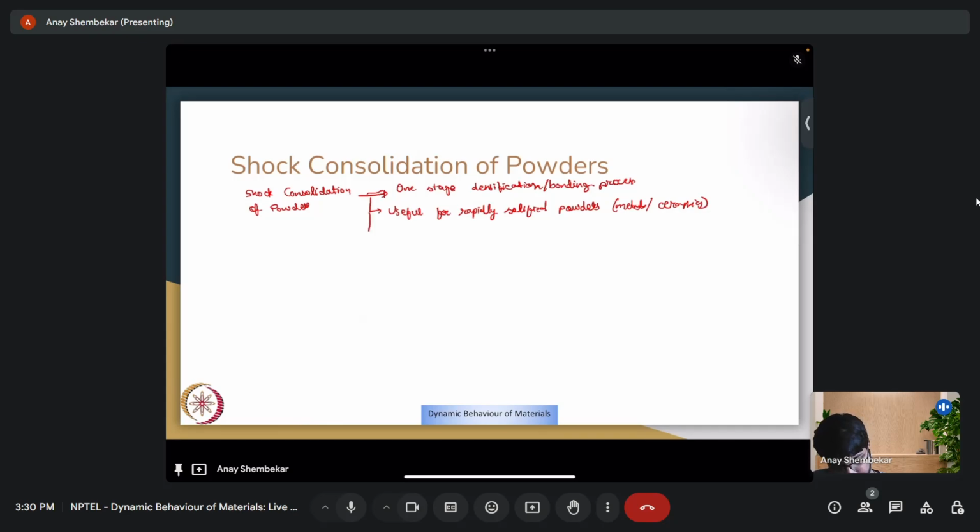It involves very rapid and intense, so both rapid and intense energy deposition of shock energy on the powder, resulting in interparticle bond.